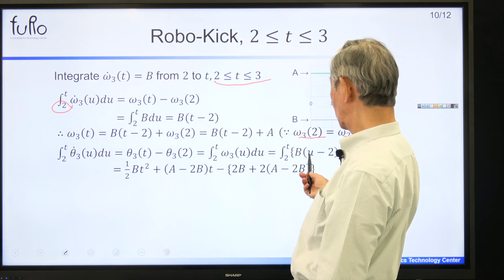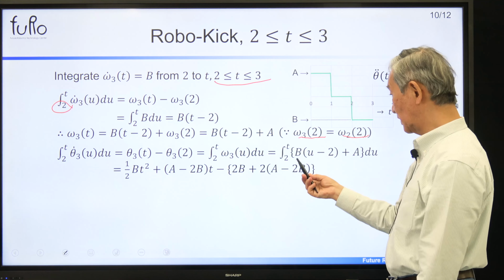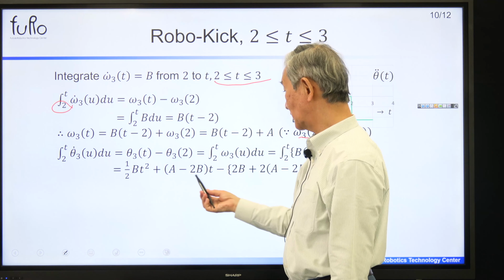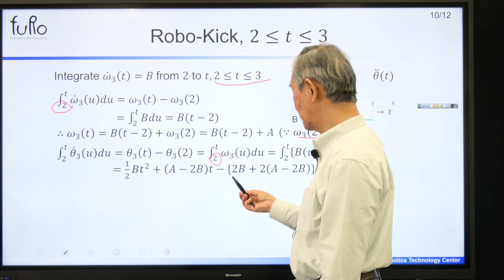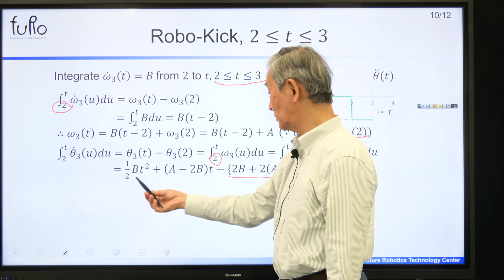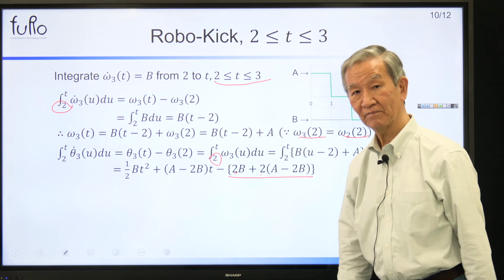You have u, so t squared, and the negative 2b and a integrated. That's t. And here 2. So that's t is equal to 2. T divided by 2, that's 2. And this 2. Right?